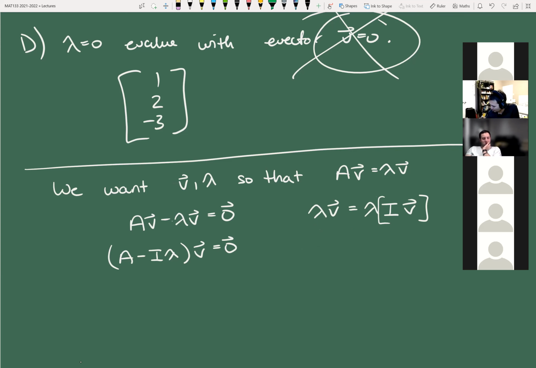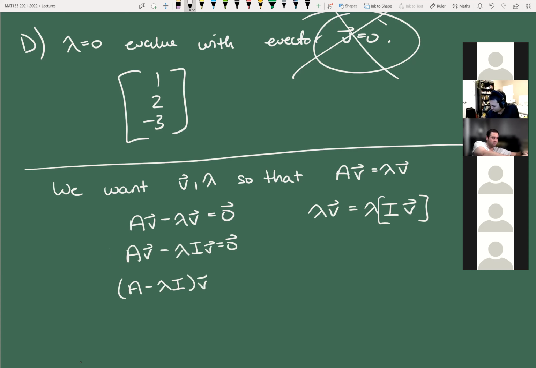I can write that as an extra step if we want: A times V minus lambda I times V equals 0. And now I can factor stuff out: A minus lambda I, times V, equals 0, like so. Okay?